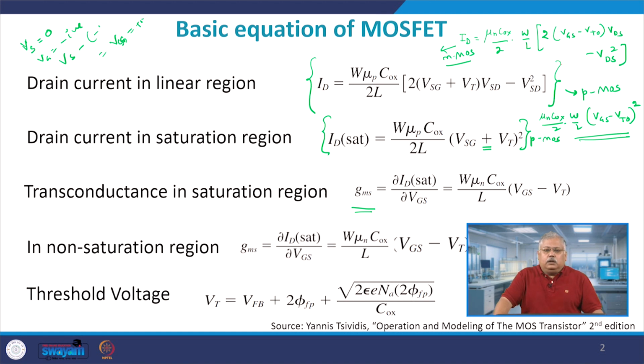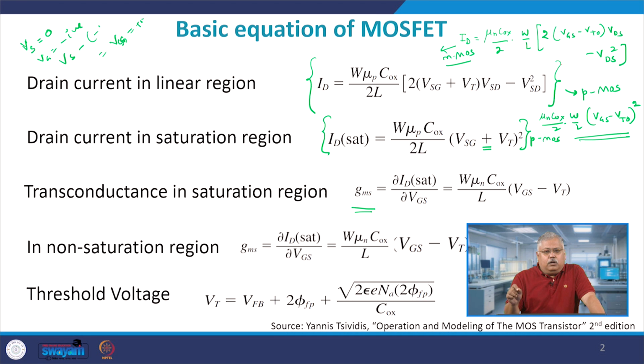If you look very carefully in the MOS device, when you apply a drain voltage, the current is flowing from source to drain. So, always the current will flow from source to drain. There is no other way the current can flow except the leakage current through the oxide layer or through the substrate. But assuming that it is only flowing through the drain side, then the direction of the current is always in the longitudinal direction.